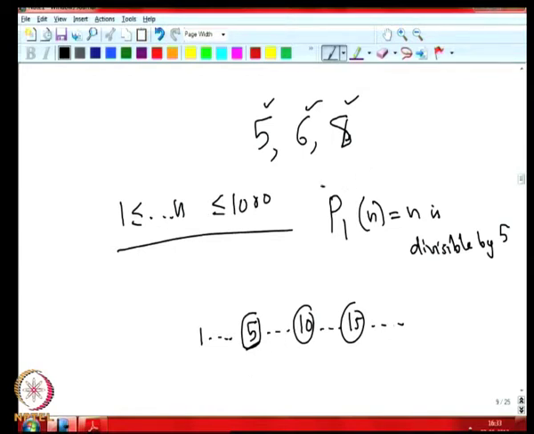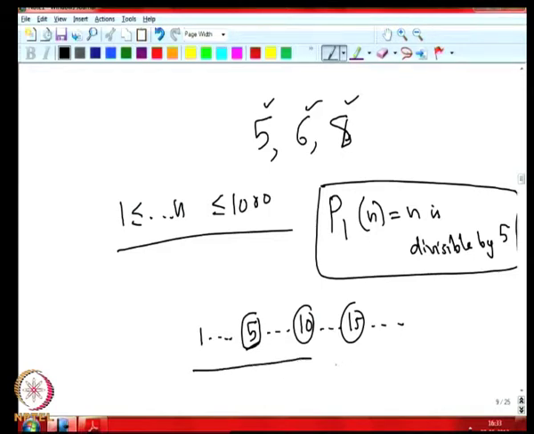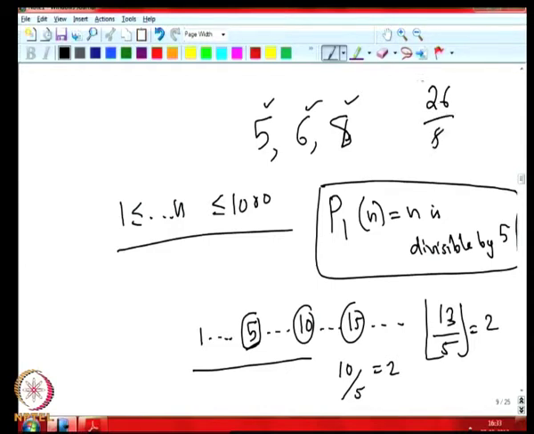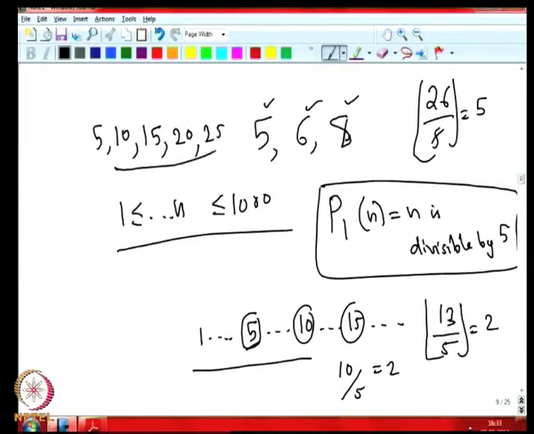How many numbers are there from 1 to 1000 which have this property? For instance, if you consider 1 to 10, there are 2 of them. So, an easy way is to divide 10 by 5, we get 2. Up to 13, you can divide by 5 and take the floor, so that is 2. Up to 26, you divide by 5 and take the floor, you get 5: 5, 10, 15, 20, 25. It is not very surprising.